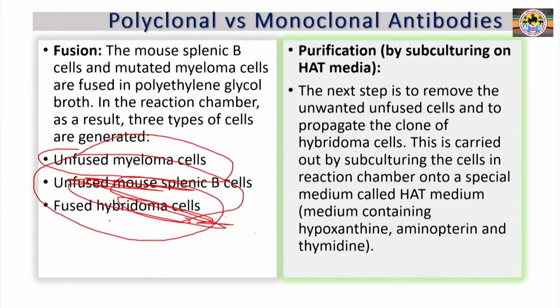In this reaction chamber, there are three types of cells. Number one, unfused myeloma cells or cancerous cells. Another one, unfused mouse splenic B cells, and the third one, fused hybridoma cells. You get it? It is an important step.